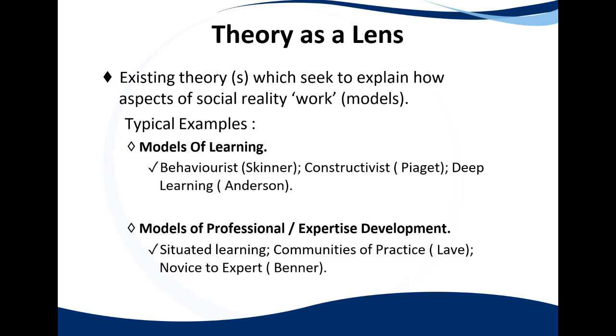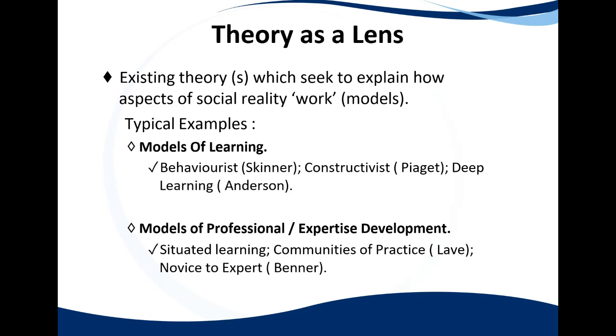Then we spoke about the use of theory as a lens, and I just briefly mentioned what we mean by it when we call it a lens. So it's an existing theory which seeks to explain how aspects of social reality work. Sometimes they are also called models.